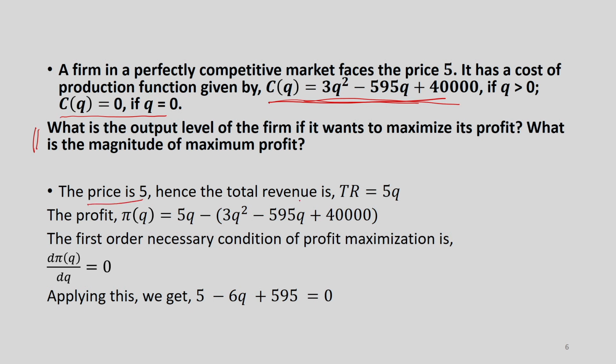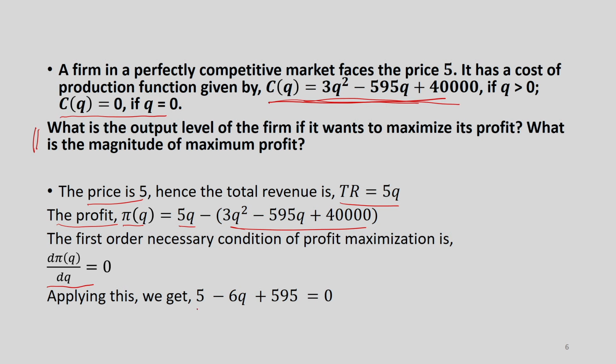The price is given, total revenue can be found out by multiplying the price with quantity. So, it is 5q. The profit will be total revenue minus total cost, and for the first order condition of profit maximization, I differentiate the profit function with respect to q and set that equal to 0.